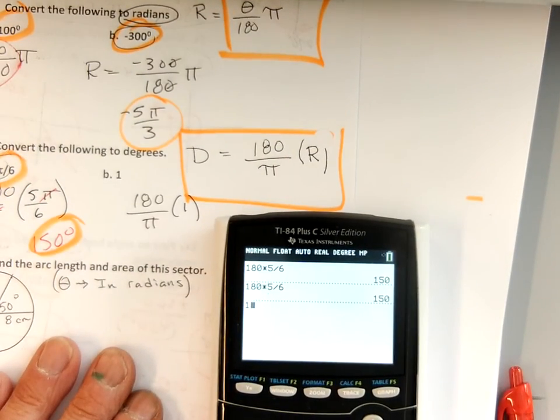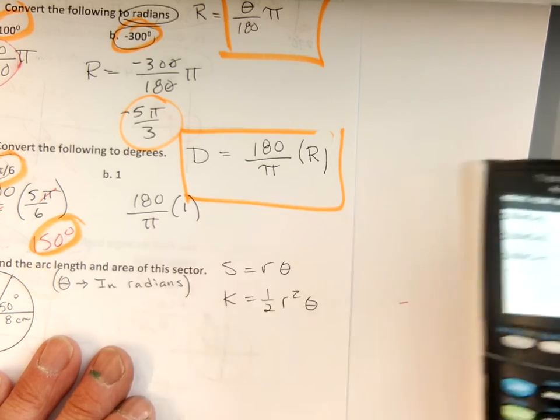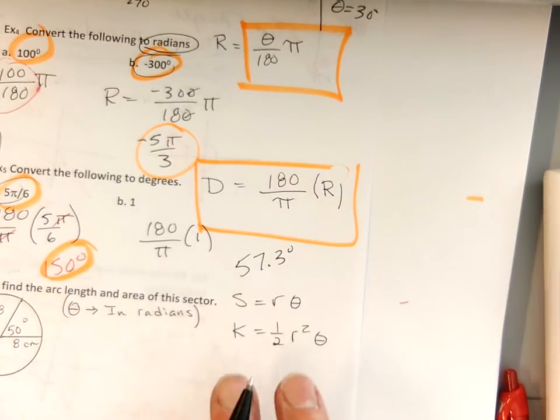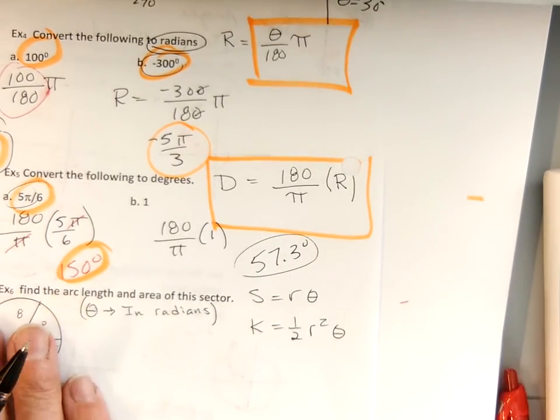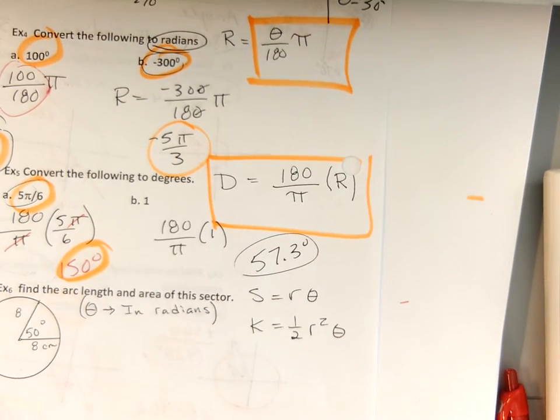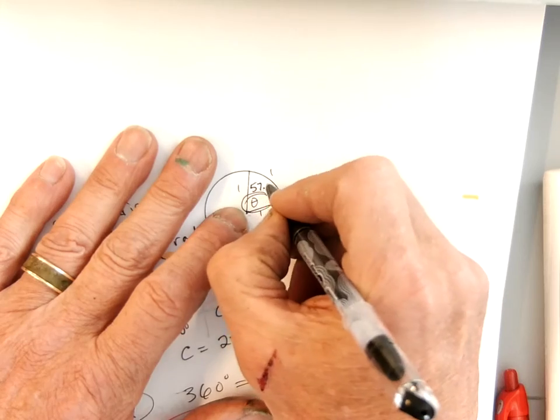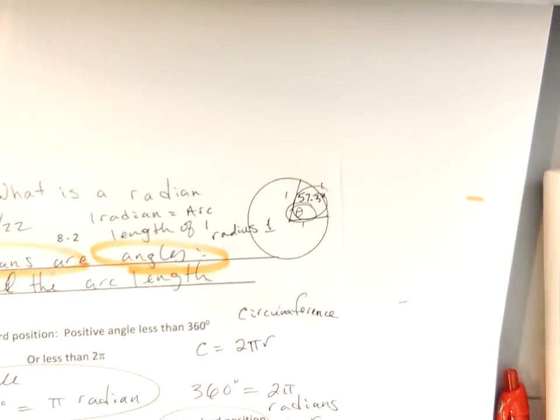So I'm just going to have to go 180 times 1 divided by π, at about 57.3 degrees. So I'm going to turn my paper over, and I want to put right here that 1 radian is about 57.3 degrees.